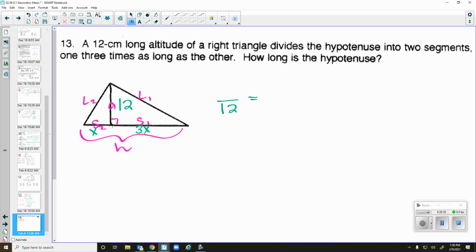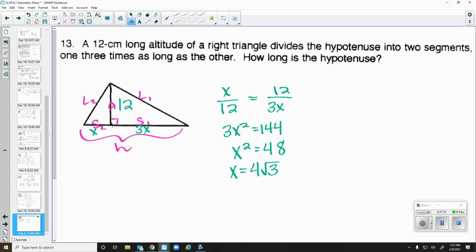So we have an altitude, which means we're using our altitude proportion. Altitude proportion uses the 2 segments. Are we good with x?